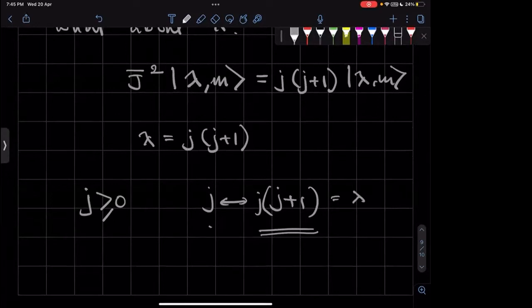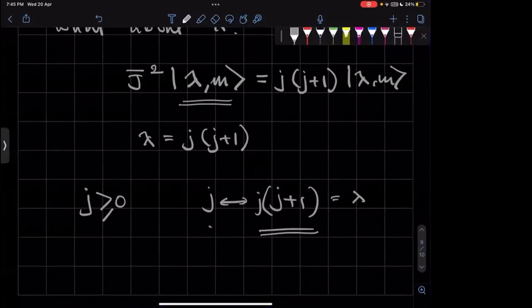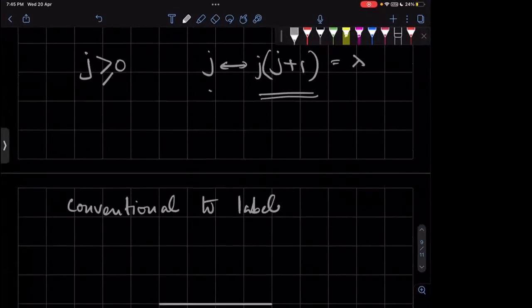That's why instead of labeling the states by lambda, it is conventional to label the states with the eigenvalue J. Okay.